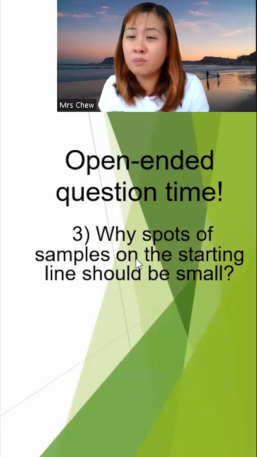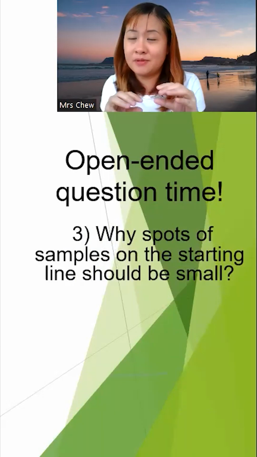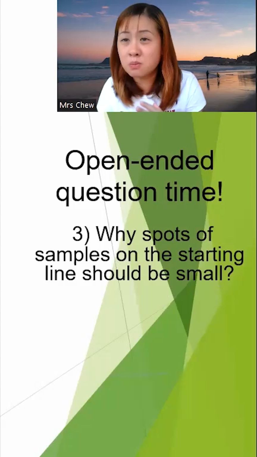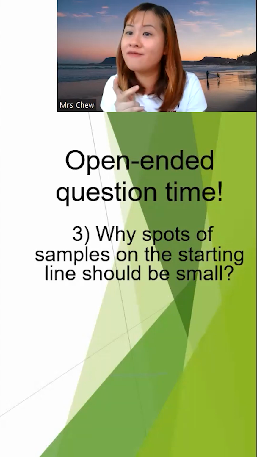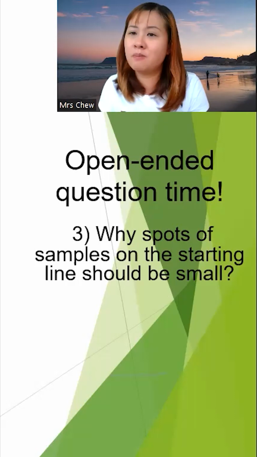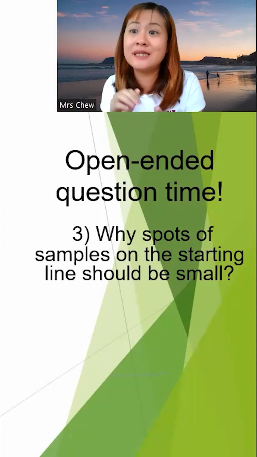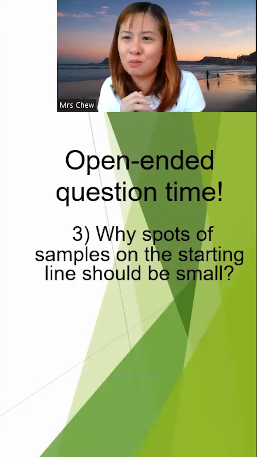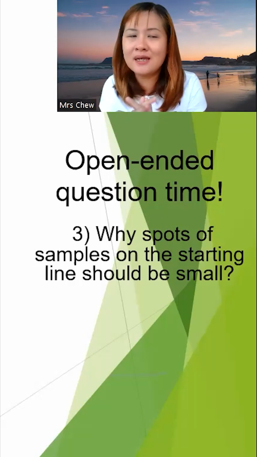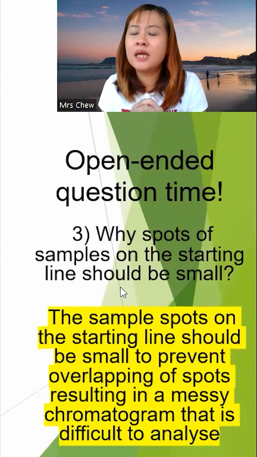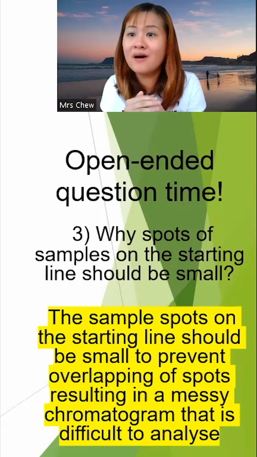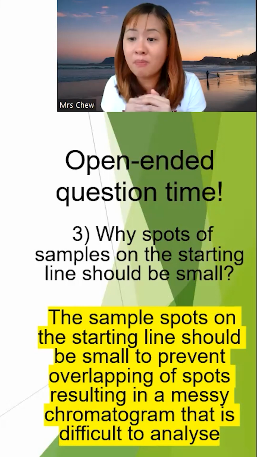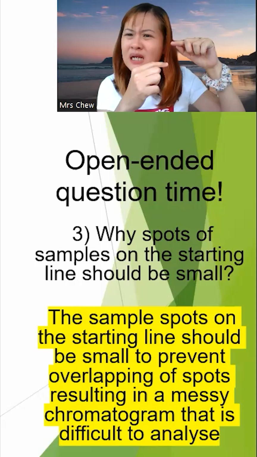Then, why should the sample spot be very small on the starting line? Last time when I did my first few chromatograms, my spot was quite big because I wanted to see the colors, right? I got a very messy chromatogram. So it should be very small. The keyword is to prevent the overlapping of spots that are very near each other.